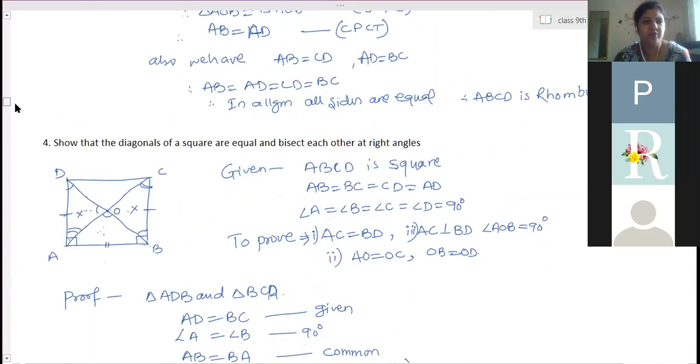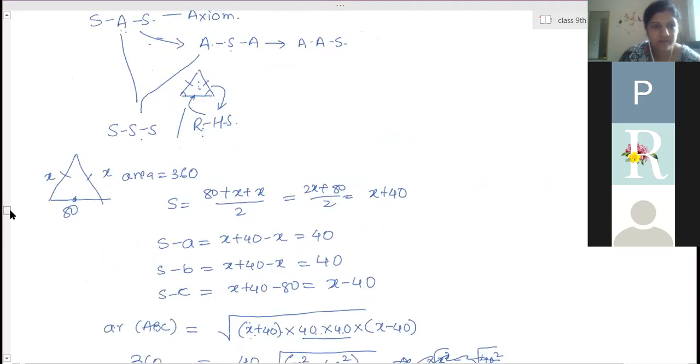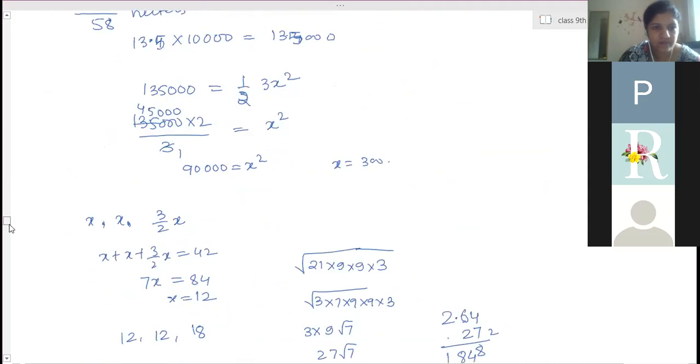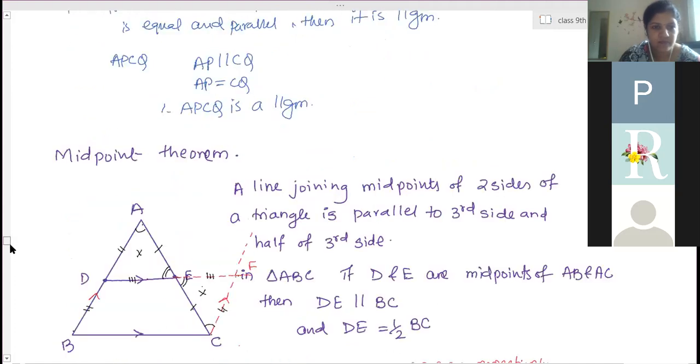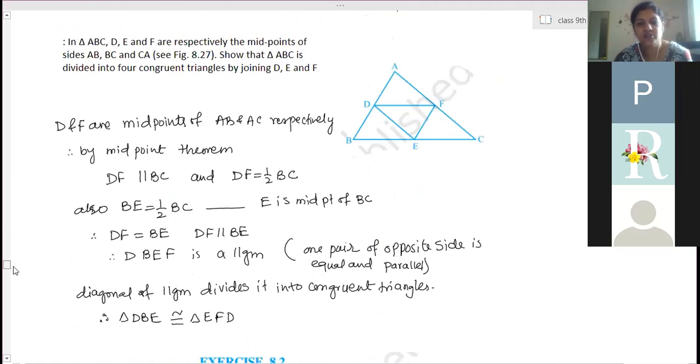That is midpoint, no? Midpoint part. Yeah. This question you have solved?